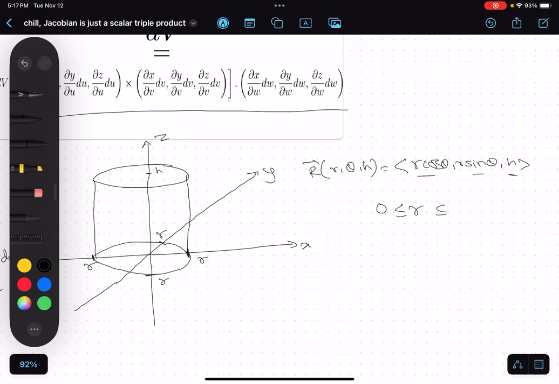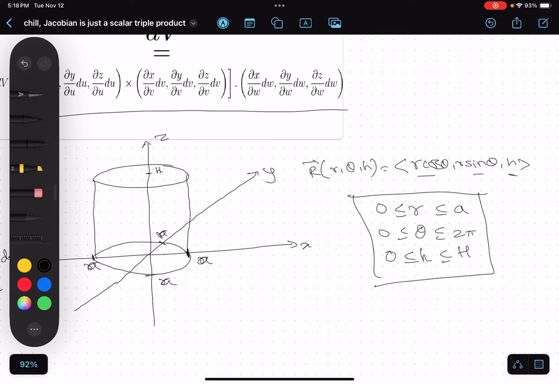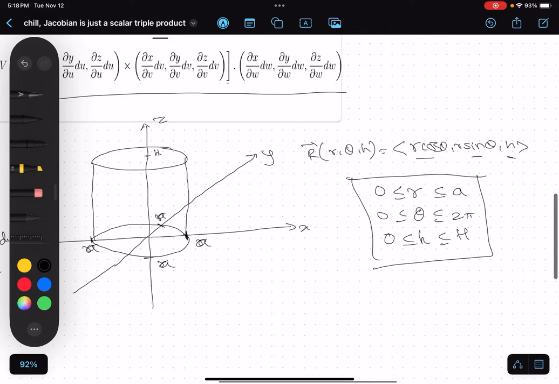Let us call the radius a. r goes from 0 to a, theta goes from 0 to 2 pi, and s goes from 0 to, let's say, capital S. So in this case the conditions are simpler, and the parameterization gives us the cylinder.